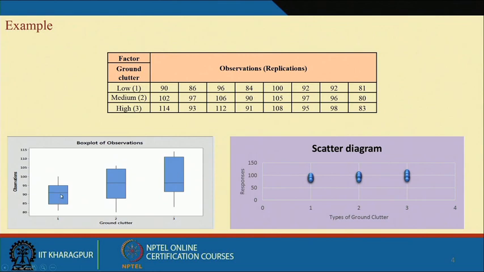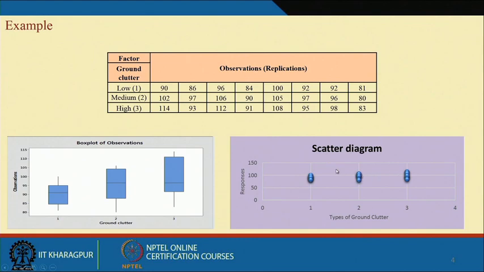From this plot it is visible that there is a difference in mean response from ground clutter level low to medium to high. But this is only visual, and it all depends on the scale you are using. It can suggest some other analysis, but it will not clearly tell you whether the difference is statistically significant or not.